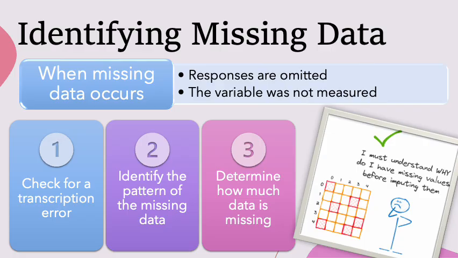Once we have determined if there is a pattern to the missing data, the next consideration is how much data is missing. In general, the problems related to missing data get worse as the amount of data that is missing increases. However, there is no simple answer for how much missing data can or should be tolerated.